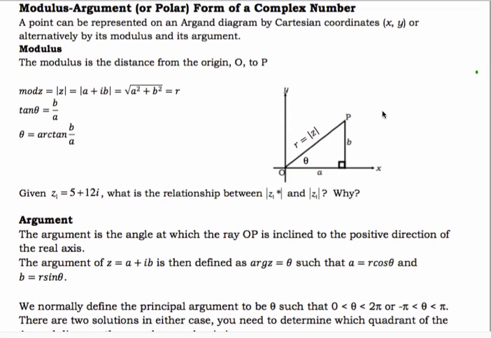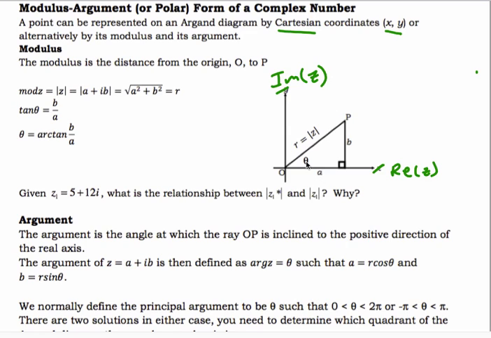So we can think of a complex number as an x and y coordinate on the Cartesian plane, but also we can think of a complex number, and let me relabel this. The real part, this is the imaginary part.